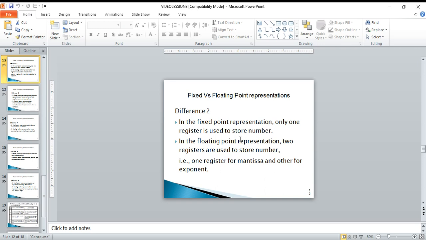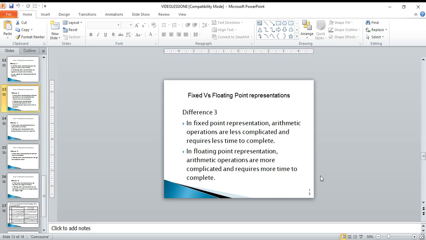In the floating point representation, two registers are used to store the number. One is for the mantissa and the other register is used for the exponent. This is one more difference between fixed point representation and floating point representation.